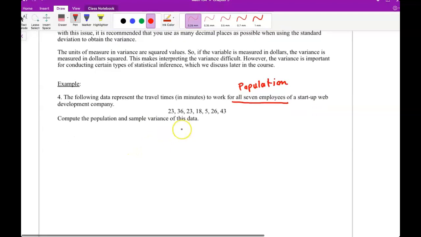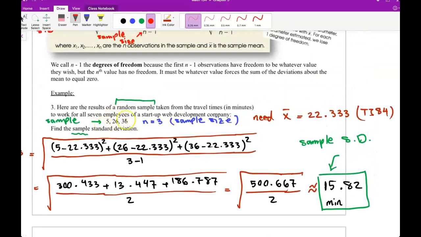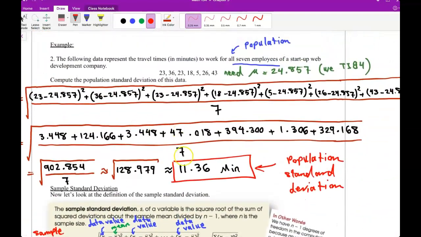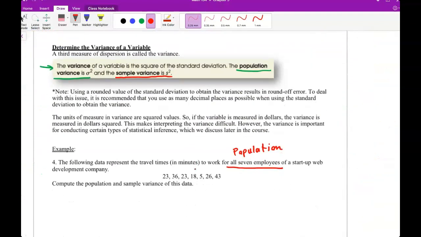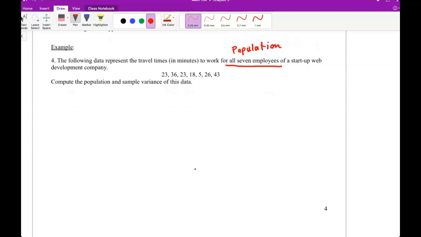Here for sample, I'm going to use what we had on this workplace. We already had a sample from that population: 5, 26, 36. So we're going to use all the information that we got from example number 2 and example number 3, finding variance for example number 4.